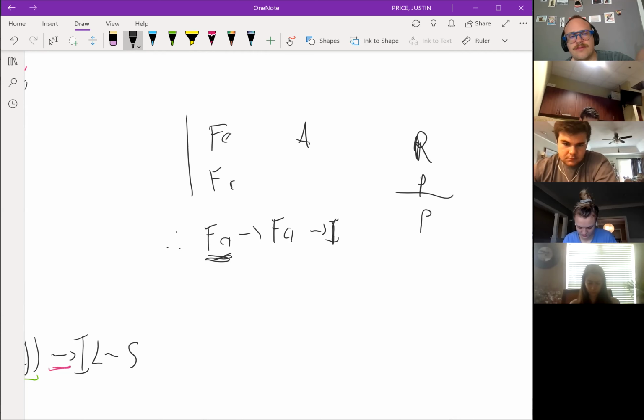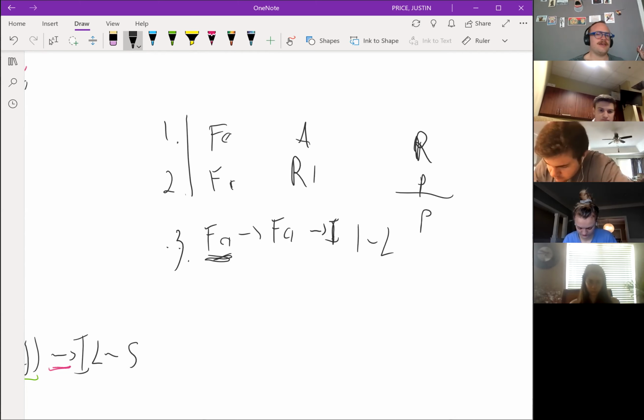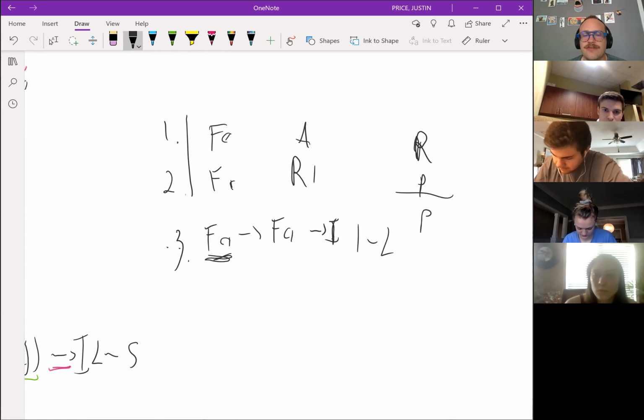So let's use that rule right now. We've taken no premises and came up with an atomic using our assumption rule, and then from all appearances this FA conditional FA came from nowhere.